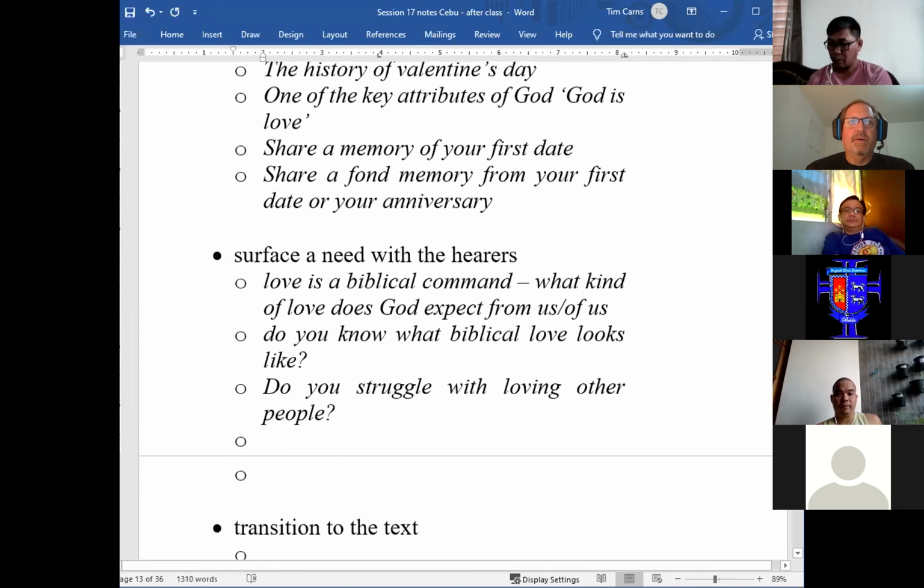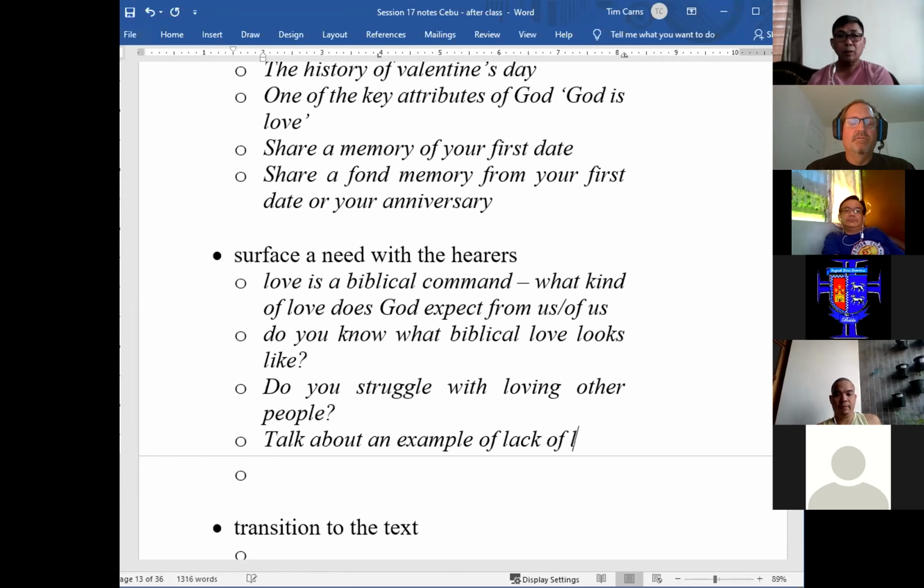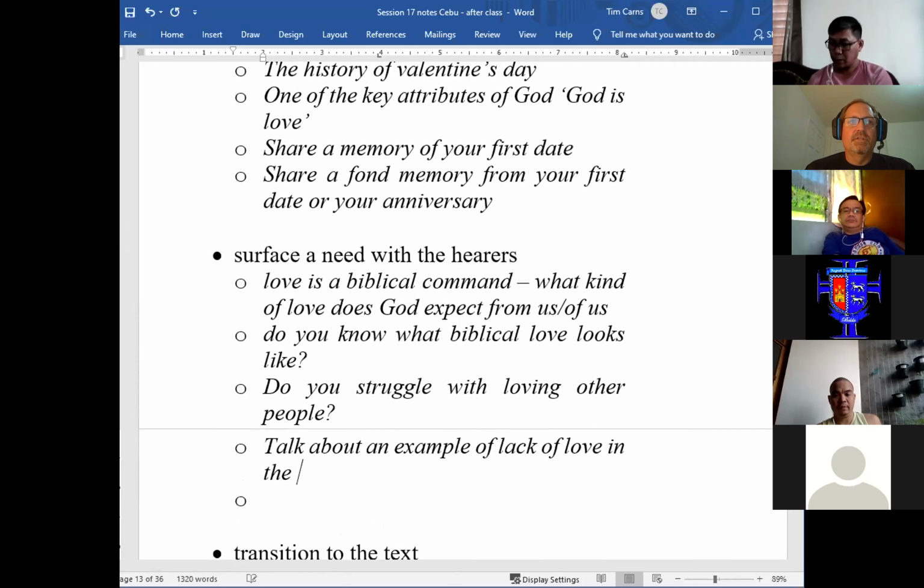Maybe we could talk about an example of lack of love in the church. This could also be a story we share to get attention, but that also surfaces a need, doesn't it? You could say something like, when you think about relationships at church, do you see some that are strained?